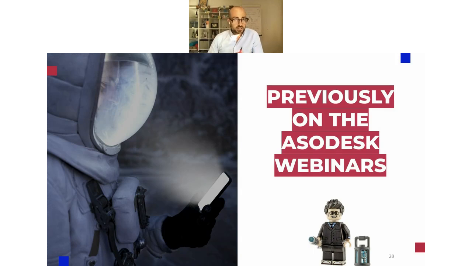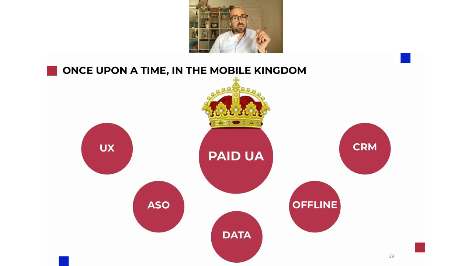Since it's not the first time that I'm speaking at some Asodesk webinars, I would like to make a step back and see what we discussed last time. Last time we were talking about paid UA, and we have seen that in the good old times, 3, 4, 5 years ago, 2017, 2018, in the mobile kingdom, there was a king that was paid UA, right?